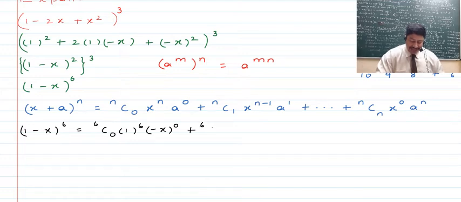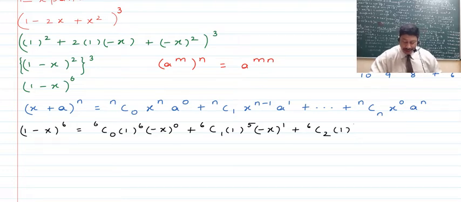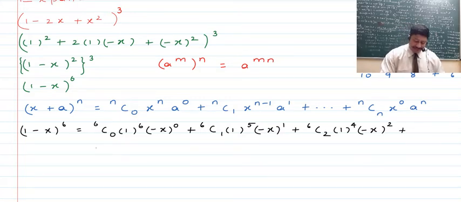To that is to be added 6C1 1 raised to the power 5 times minus x raised to the power 1, plus we have 6C2 1 raised to the power 4 times minus x raised to the power 2, and then the next term is going to be 6C3 1 raised to the power 3 multiplied by minus x raised to the power 3.